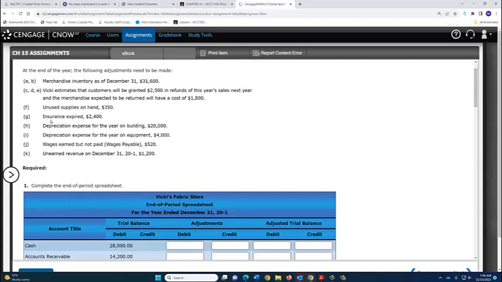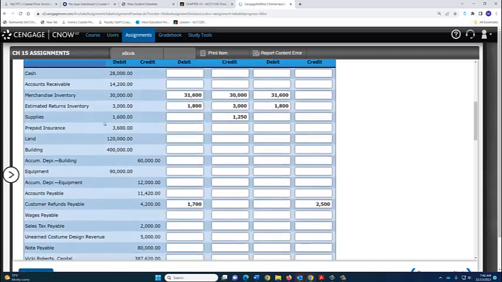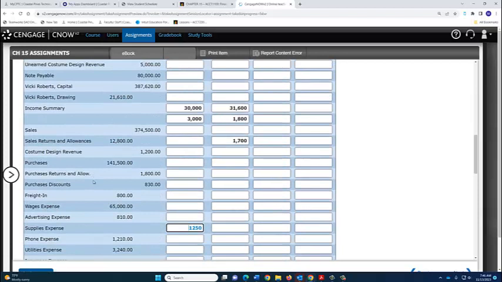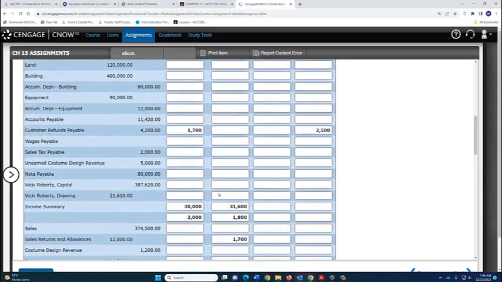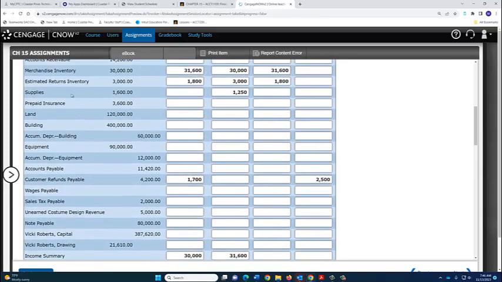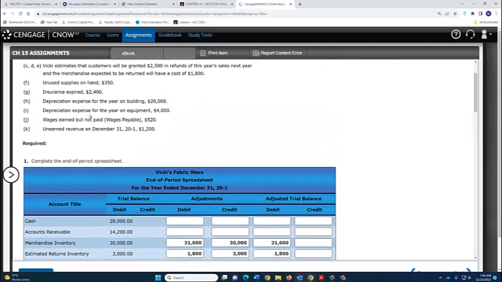So since we're dealing with insurance, we are going to be entering this $2,400 in insurance expense as a debit, and then we're going to credit prepaid insurance for $2,400. We'll get all these balanced out when we get to the end.